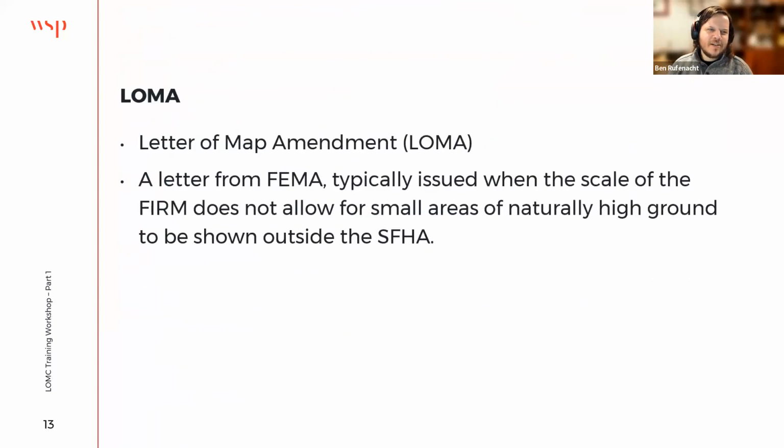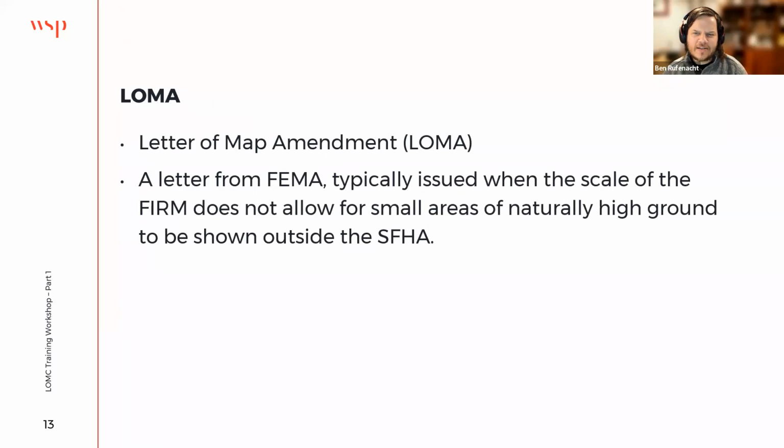So the first one, a letter of map amendment, LOMA. This is the situation where our topography is outdated, and a structure is actually above the base flood elevation, but on the map it's shown as in the floodplain.